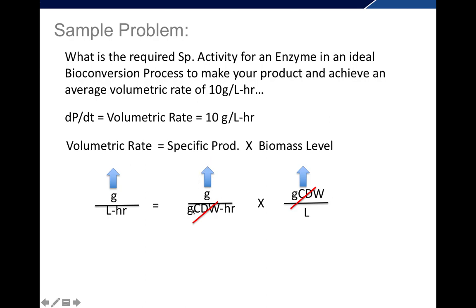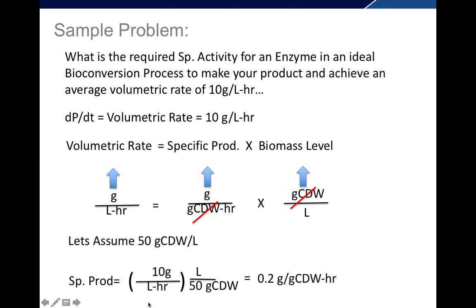The specific productivity is gram per gram cell dry weight per hour, and the biomass level is gram cell dry weight per liter. These cancel out. And if we assume 50 grams dry cell weight per liter of biomass, which is a reasonable assumption, then the specific productivity we need to hit this target of 10 gram per liter per hour is 0.2 grams per gram dry cell weight per hour.